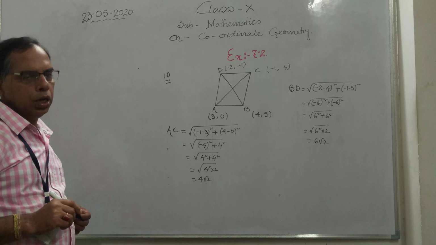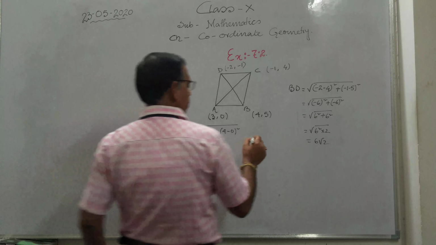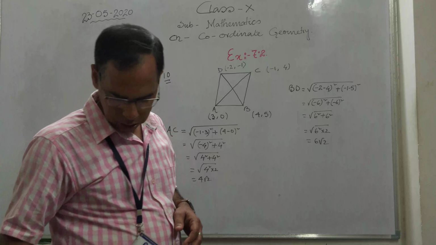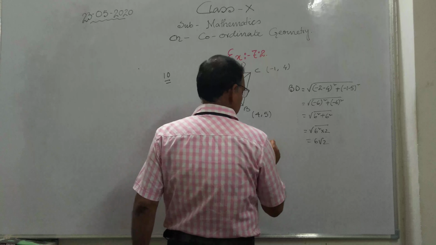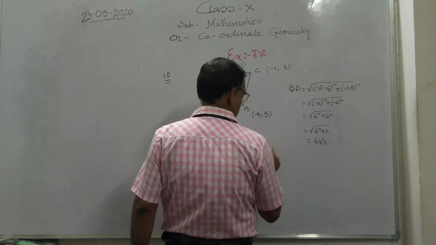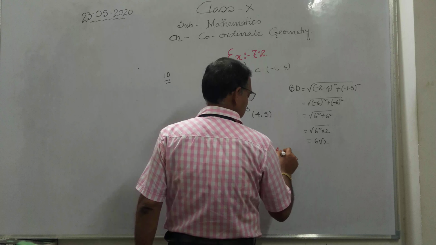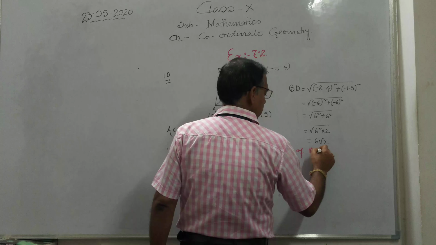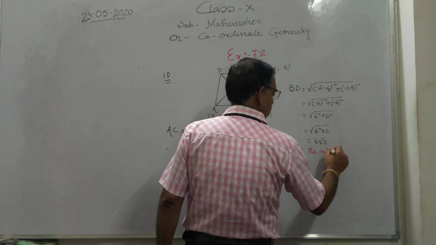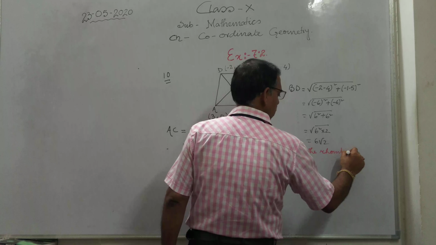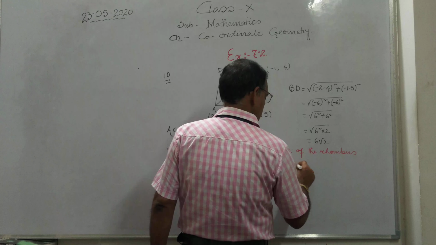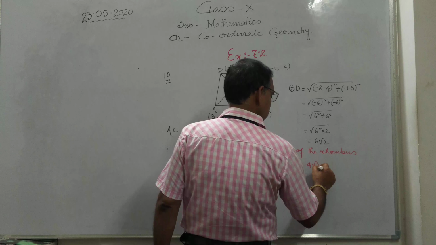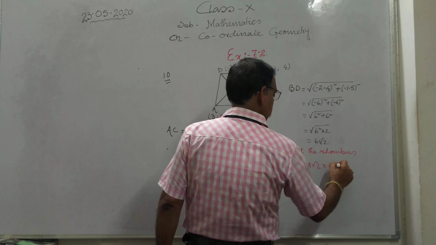Now we have to find the area of the rhombus. So, area of the rhombus is equal to half into 4 root 2 into 6 root 2.